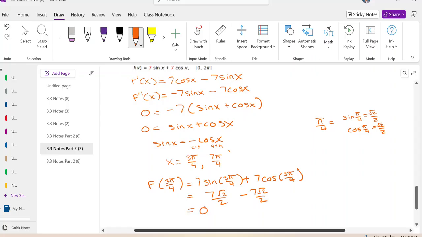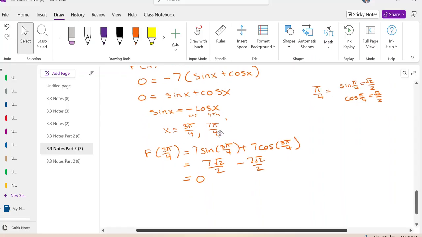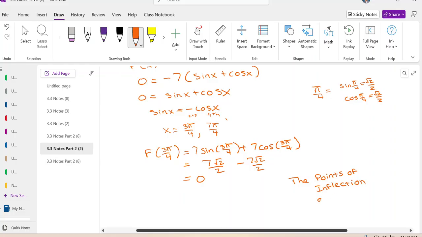So basically it's equal to 0. And when you put 7 pi over 4 in, it gives you the same thing. So the points of inflection are 3 pi over 4 and 0, and 7 pi over 4 and 0.